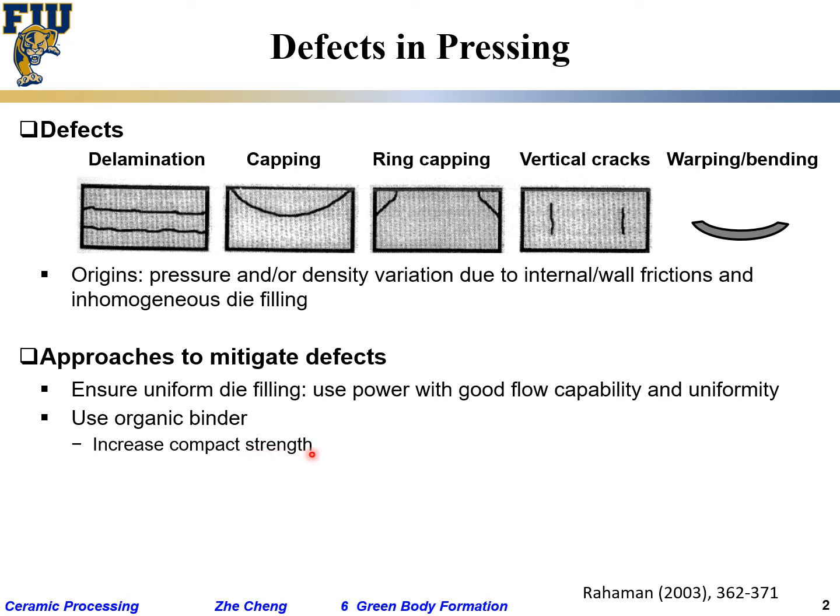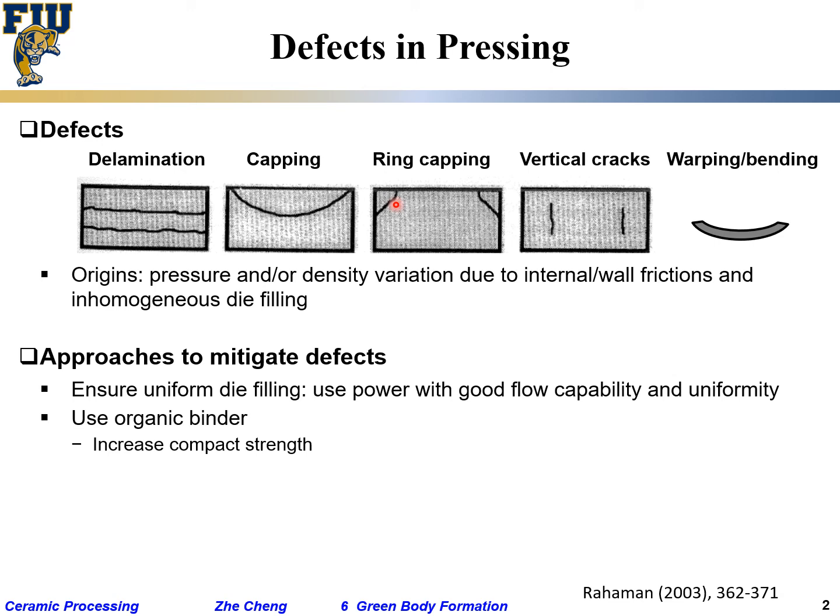And also don't forget, remember, be appropriate in your pressure. Not too high, not too low. Remember, when I was doing this, it happens consistently when I was using too high pressure, because by that time I go to too high pressure, the friction gets higher, and the stress distribution non-uniformity gets higher.